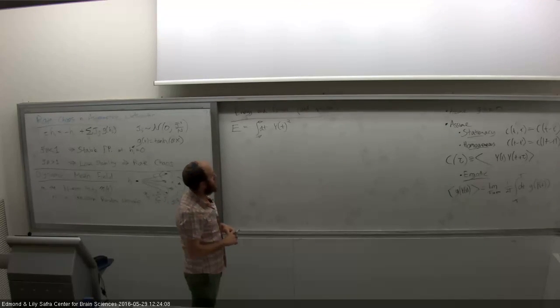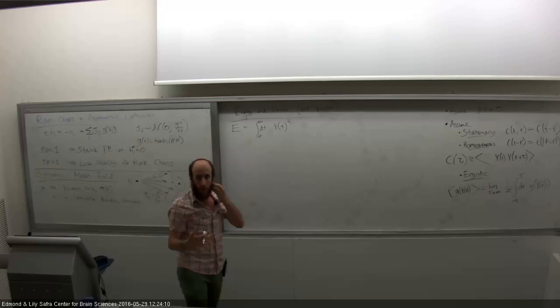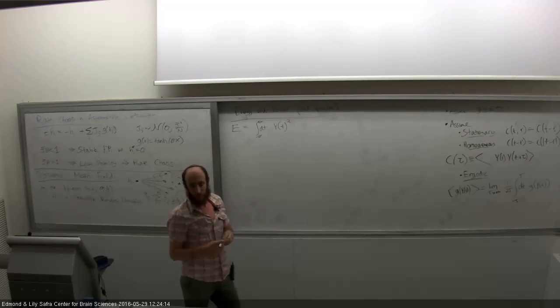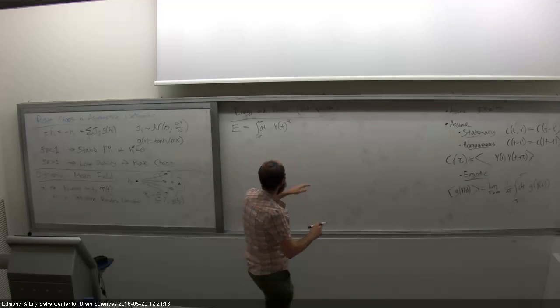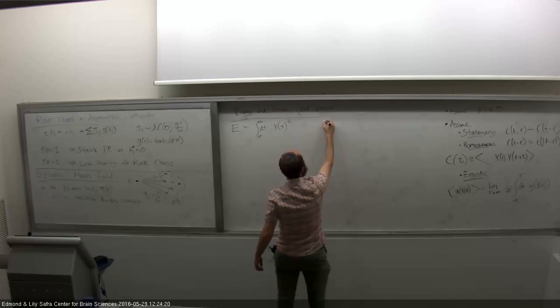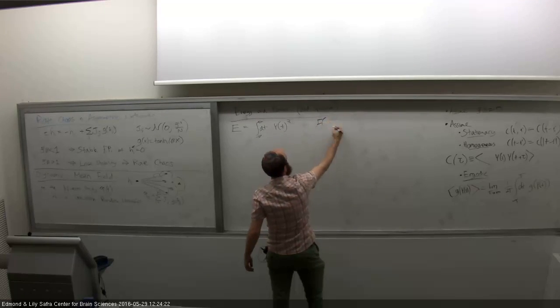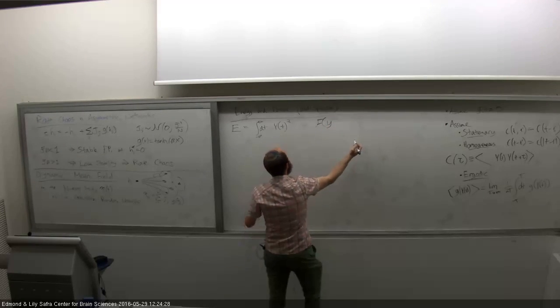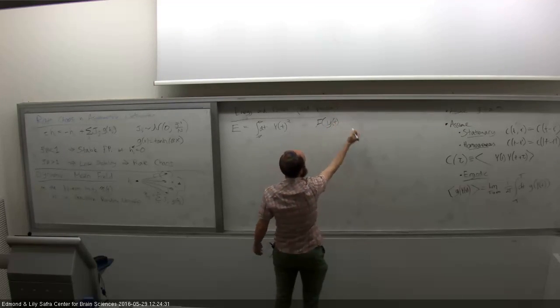Now, what is commonly done, and we'll see why, is that in the study of random processes we use the Fourier transform quite a lot. Just to remind you of the definition, we take the Fourier transform of a function, generally.